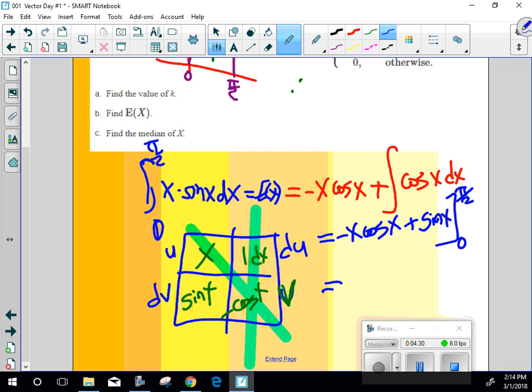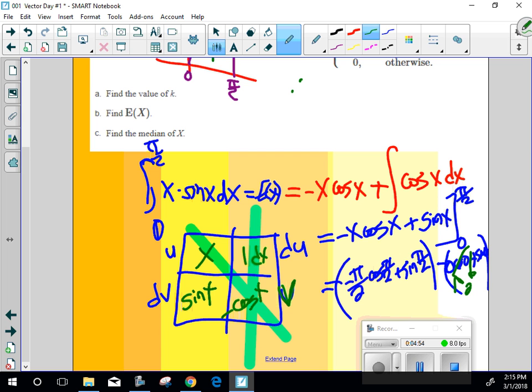So put in pi over 2 first, and then I'm going to put in a 0 next, plus sine of 0. Well, all this 0 business goes to 0, doesn't it?